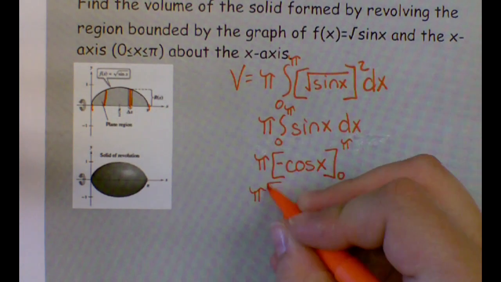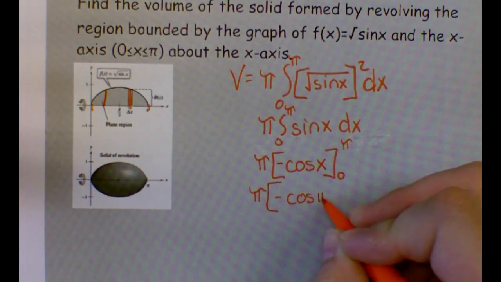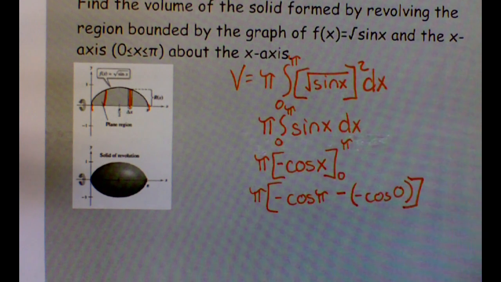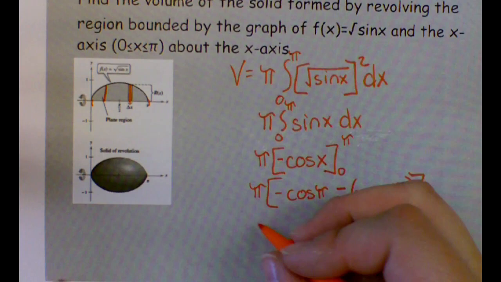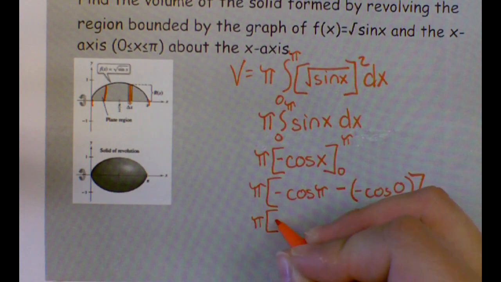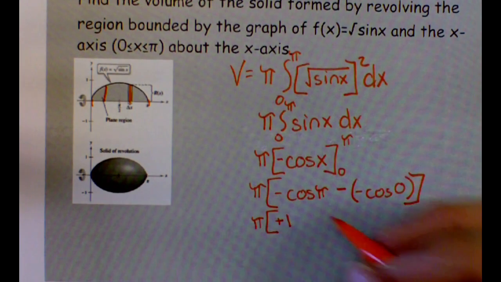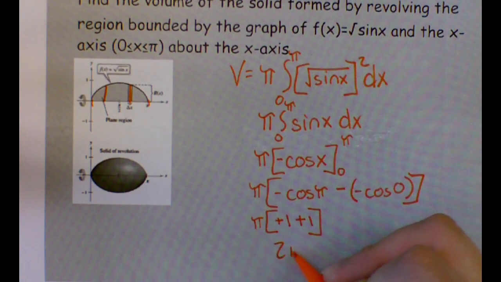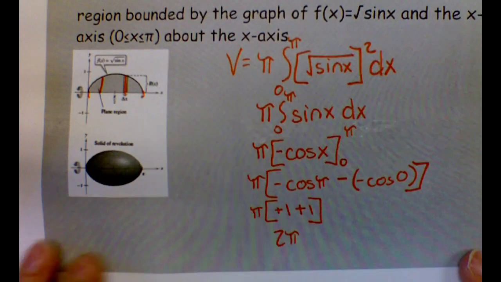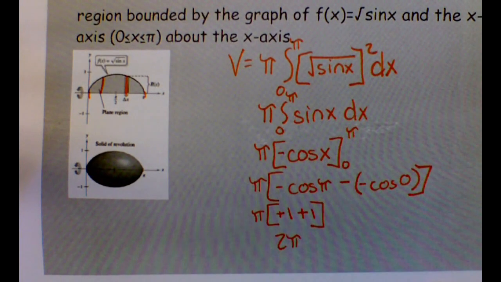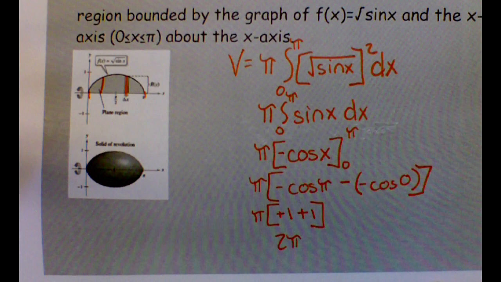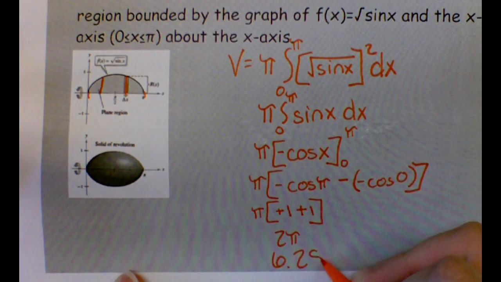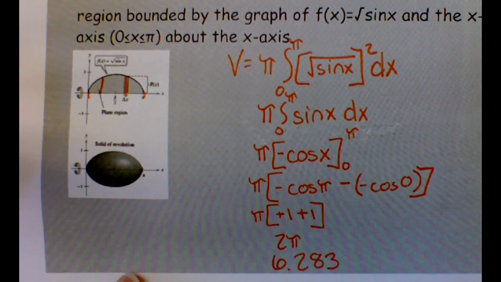And then I have negative cosine of pi minus negative cosine of 0, which will give me negative negative 1, so positive 1, minus negative, so plus 1, which is 2 pi, which I would evaluate with my calculator, but 2 pi is a pretty straightforward one. 6.283. And there's our volume.